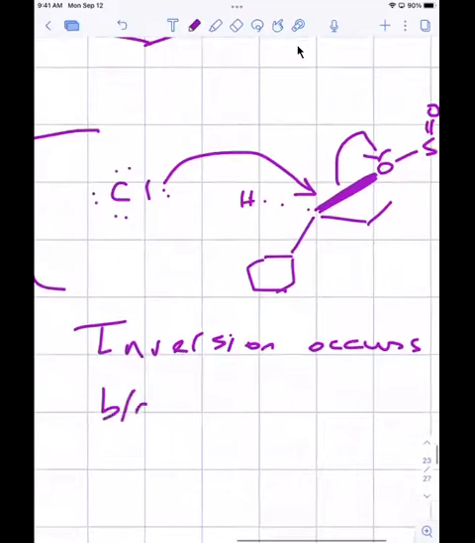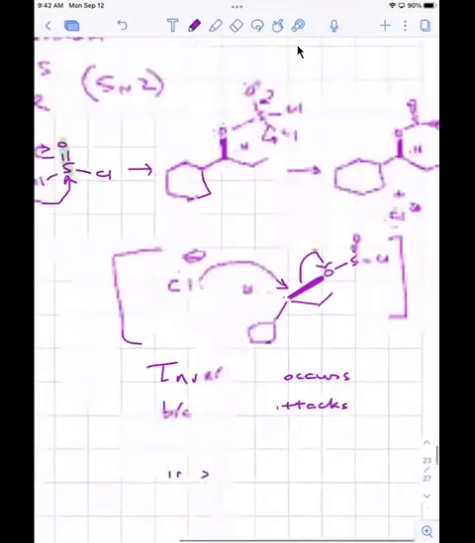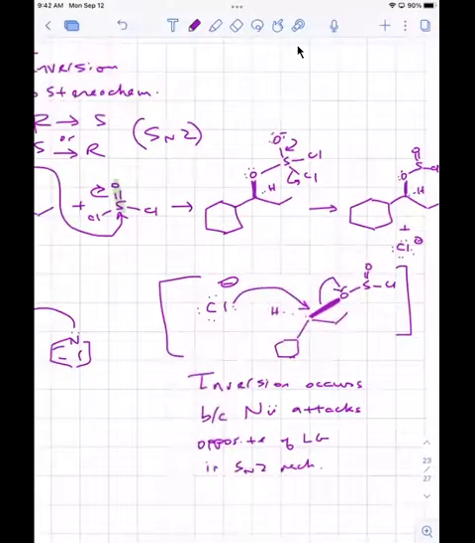So inversion occurs because for an SN2 mechanism, the nucleophile always attacks from the opposite side of where your leaving group is. Right, so that's why you see that inversion.